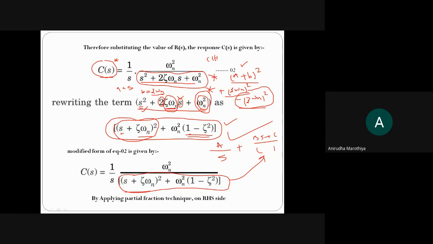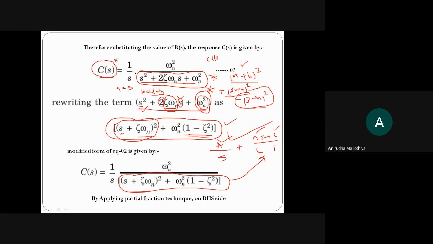Are you getting my point? It will be this only, right? Yes. After this, if you are interested to represent or rewrite them in partial fraction, definitely we need to find the value of a, b, and finally c. So in order to find the value of a, we need to put s equals to 0. In order to find the value of b or c, you need to take the value of s apart from 0.